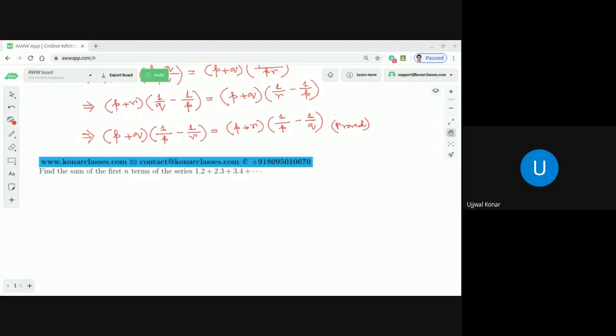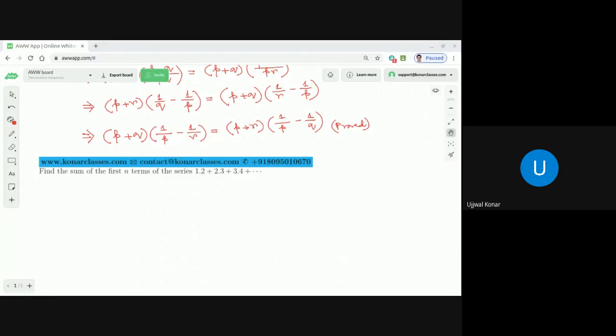What is the value you got, Gurman? I got n by 2 into 1.3 plus 1.1 n. Even I got that one. I don't think it is correct. Your answer should be in terms of n cube, n power 3.